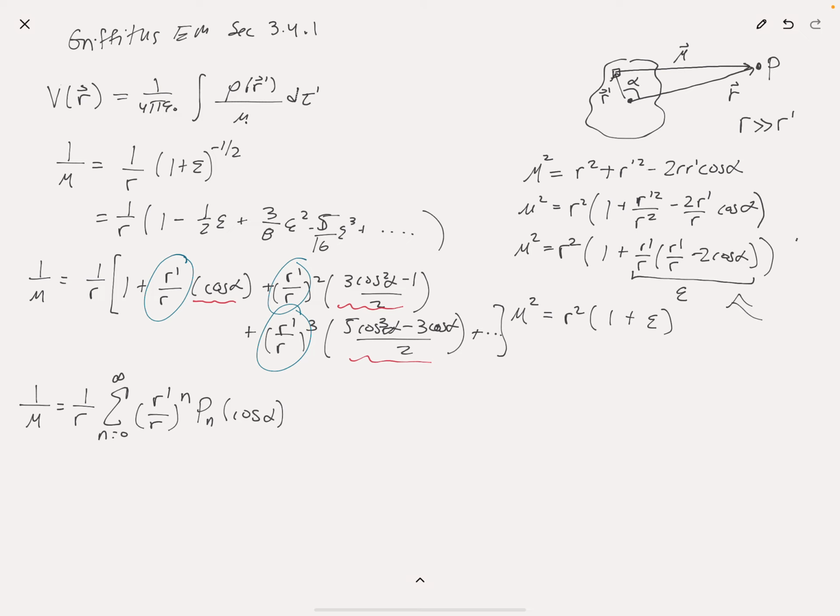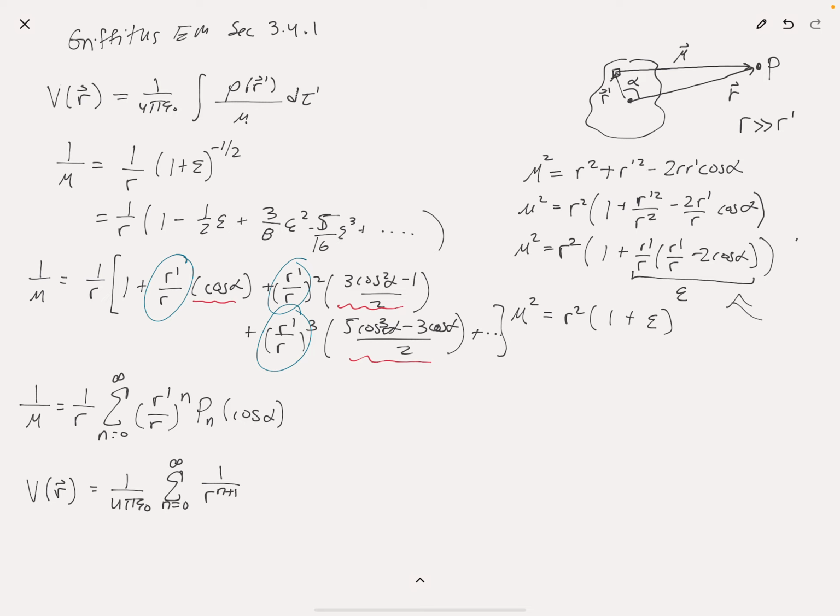Therefore, I can plug this expression for 1 over script r to get something that is still exact for my potential. 1 over 4 pi epsilon naught, the sum from n equals 0 to infinity of 1 over r to the n plus 1.